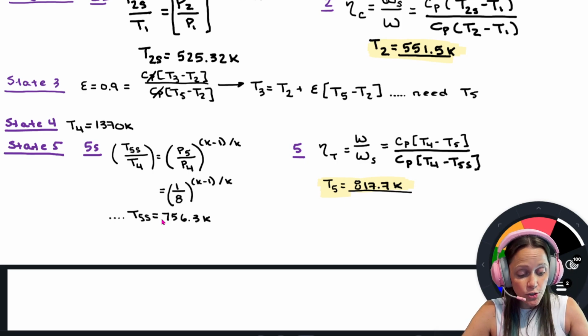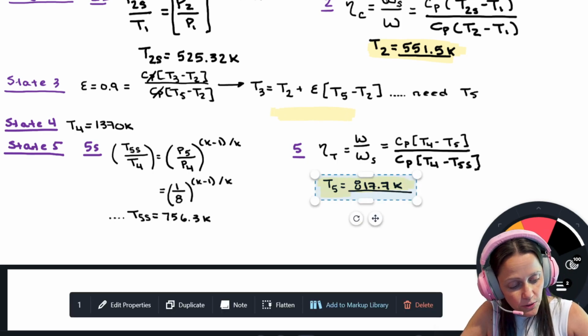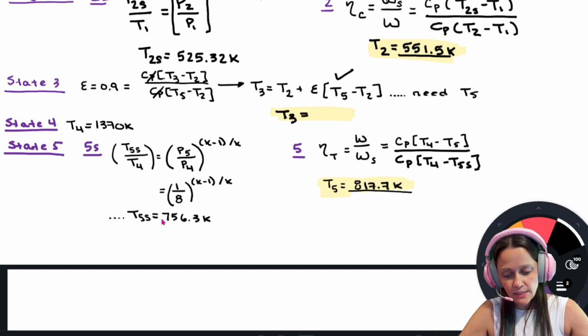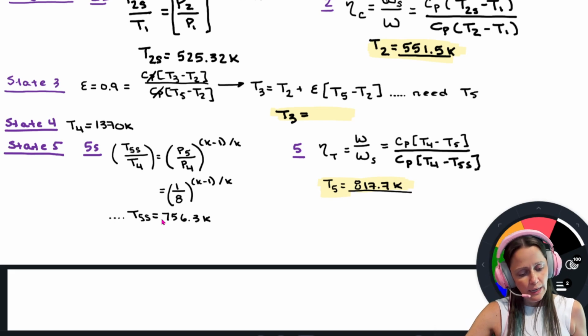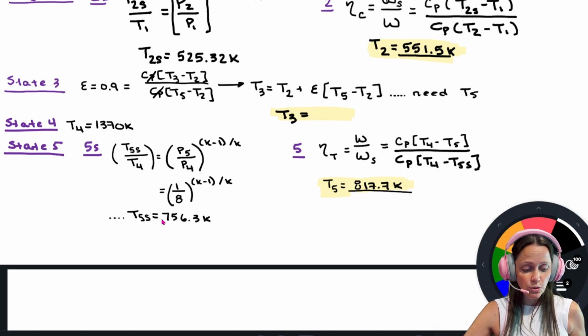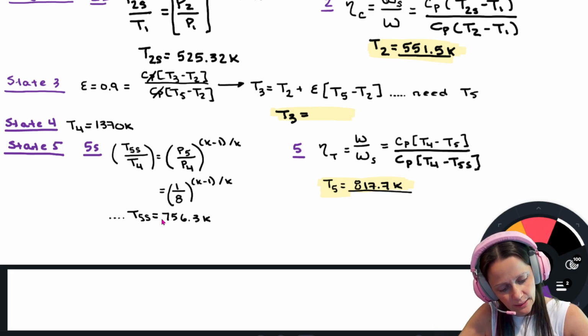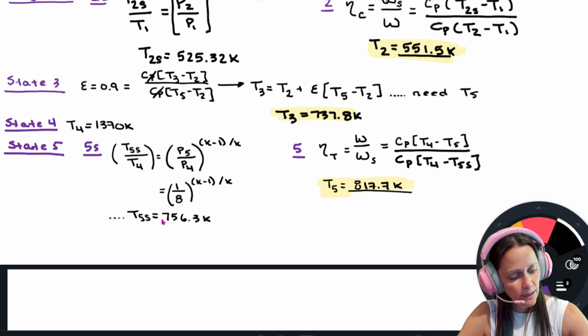And now I'm also ready to figure out what T3 is. Because now I have T5, I have T2, I have epsilon, the regenerator effectiveness. It's just plug and chug. And so I get a T3 of 737.8 Kelvin. Perfect.